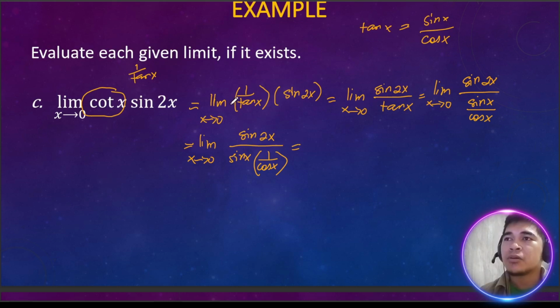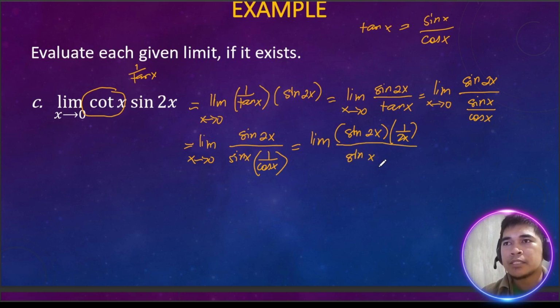Next. So, here at the top, we have 2x. So, unsa may ato i-multiply sa numerator o denominator. So, ato i-let here nga atong i-multiply is 1 over 2x. 1 over 2x over 1 over 2x. Limit of sine 2x times 1 over 2x all over sine x times 1 over cosine x times 1 over 2x as x approaches 0.